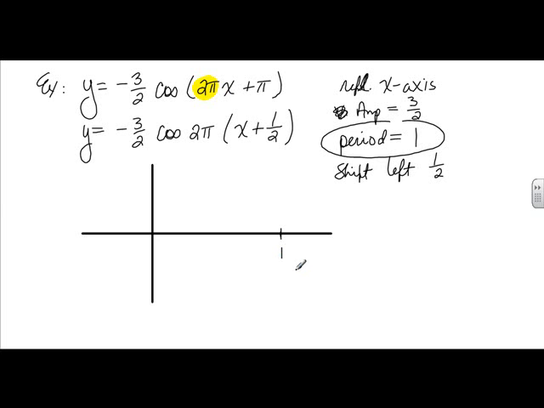So the important places as far as what we're thinking about there would be at 1/2, 1/4, and 3/4.